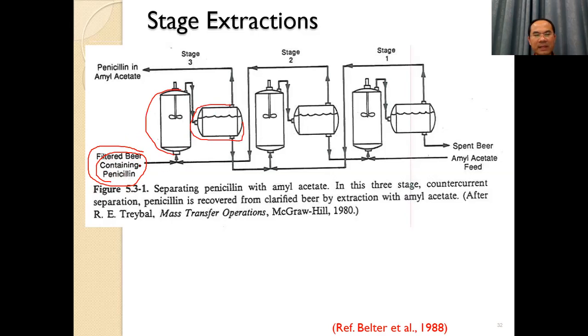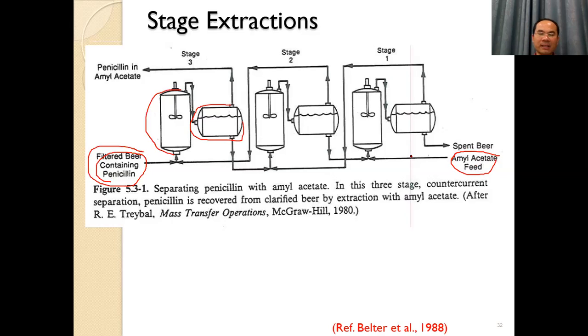For this case, we feed the mixture together with the extract, right? This is the solvent feed. This is the mixture feed, solute or penicillin that's mixed in the water or in beer, right? This is the feed. This is the pure solvent feed in this direction.